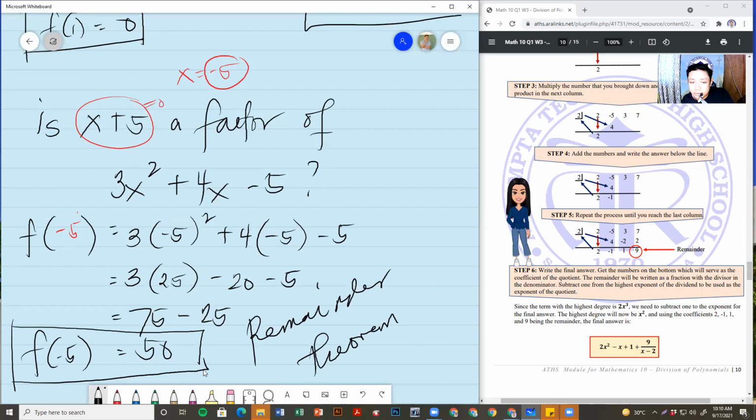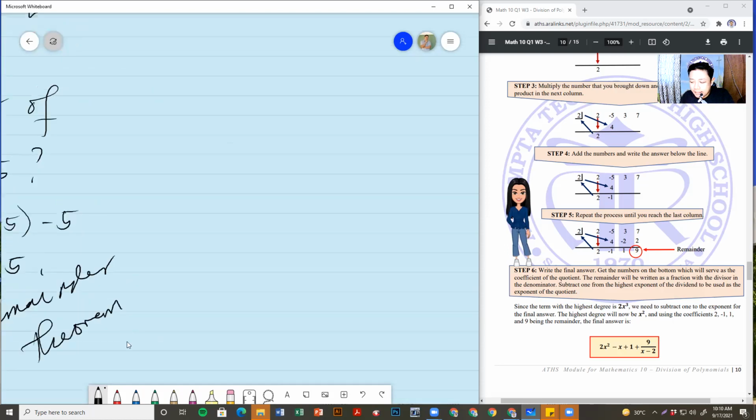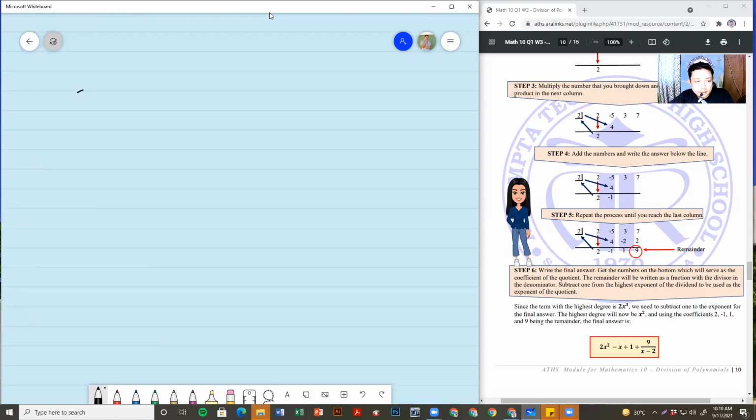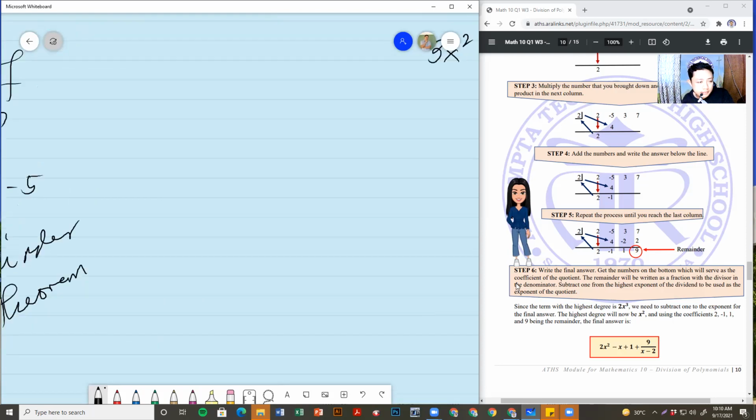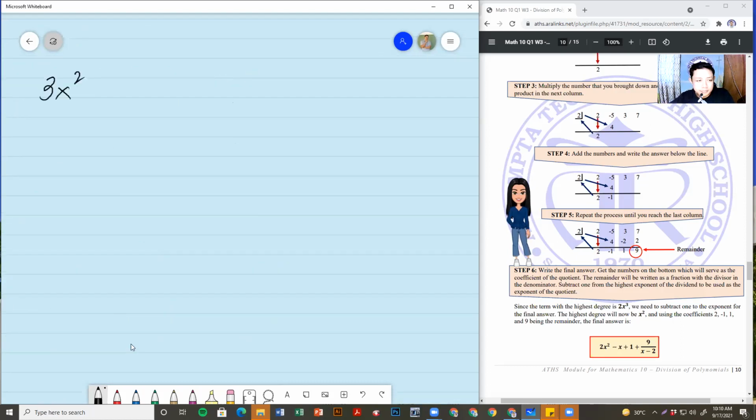Then if we are asked to find the quotient, then we can do the synthetic division and the long division or the factoring if you want. Okay? O, try nga natin. Let's try this. If we have 3x squared, what's the given? Plus 4x minus 5 divided by x plus 5.